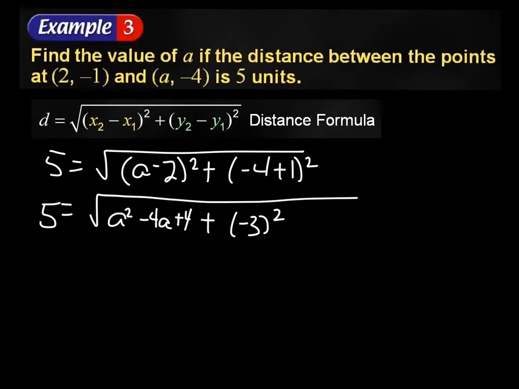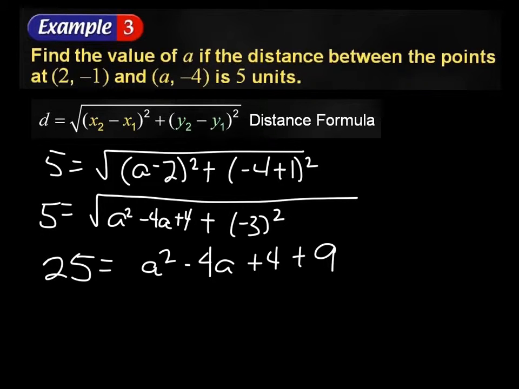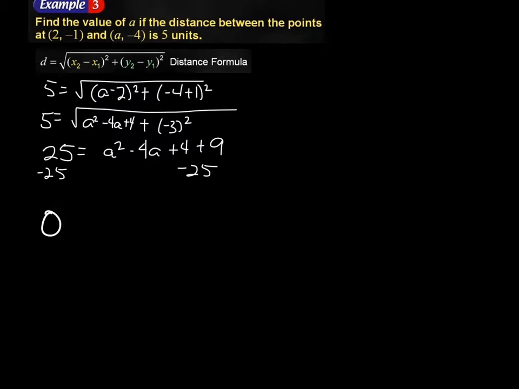squared. We could square both sides to get rid of that pesky radical sign, so I have 25 equals a squared minus 4a plus 4 plus -3 times -3, which is 9. Let's put everything on one side of the equation. Now I have 0 equals a squared minus 4a, 13 minus 25 would be minus 12.